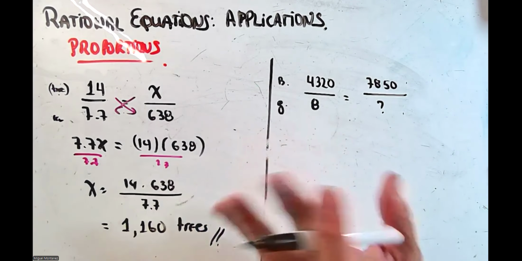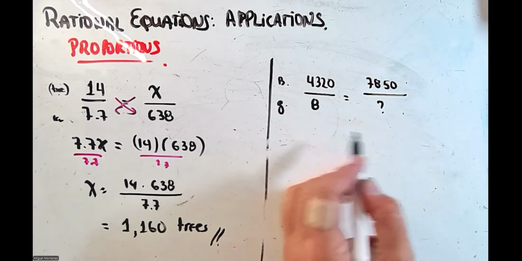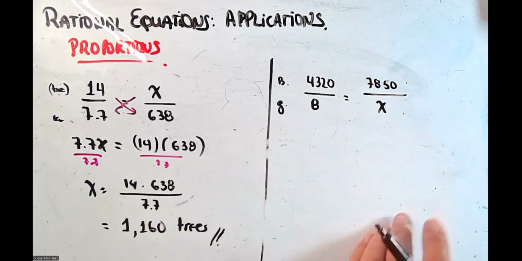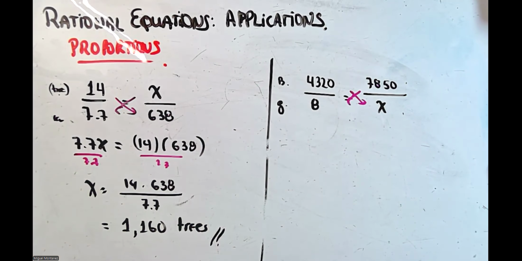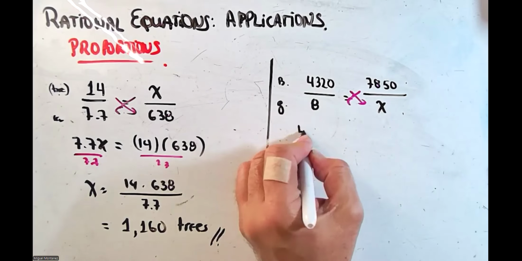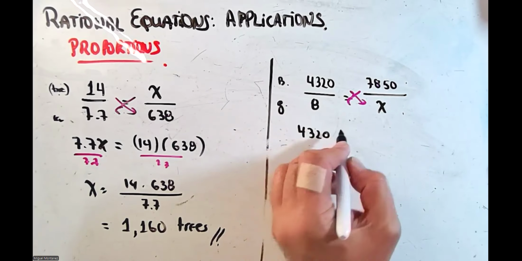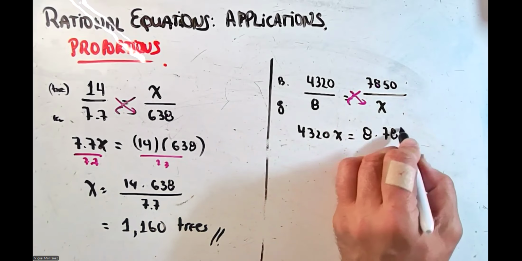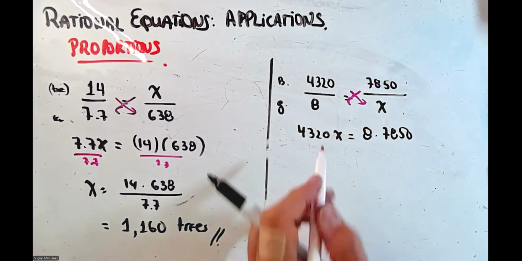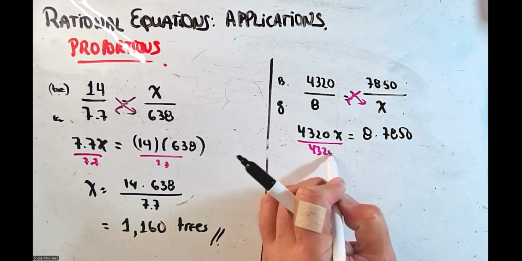Okay. Here are the grapes and the bottles of wine. Again, this is the unknown, so x. We cross multiply. So what do we have? 4320 times x equals 8 times 7850, divided by 4320.